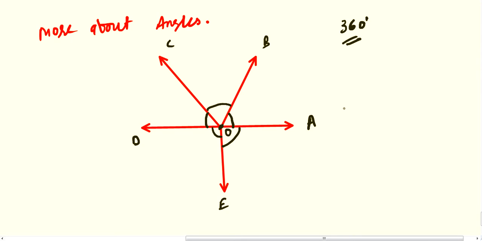Now how to write, how to represent? You can start from any one point. If you start from A, it's okay. If you start from B, that is also okay. So I am starting from A here.